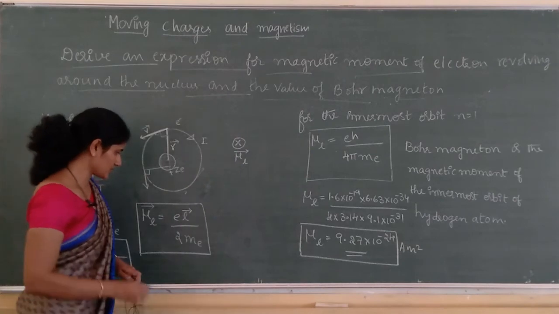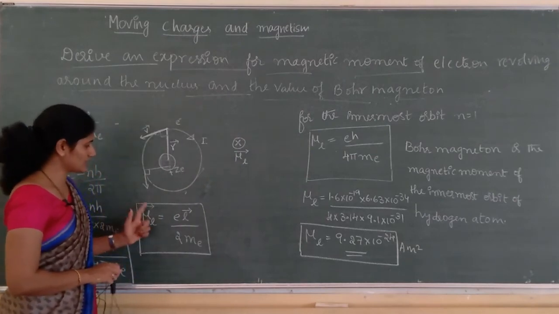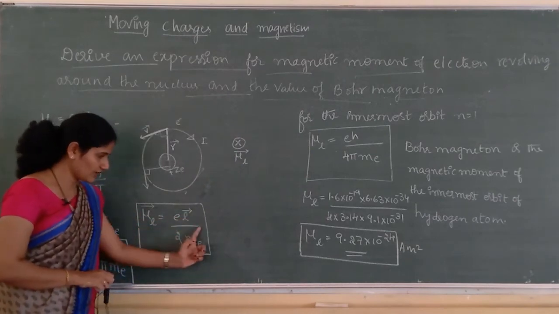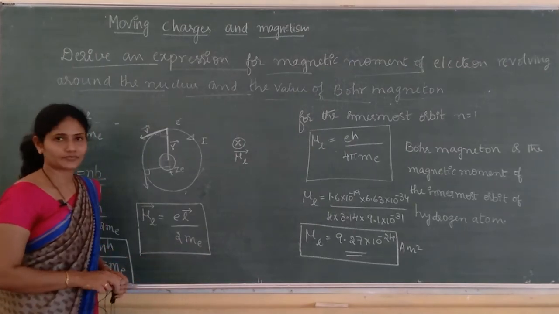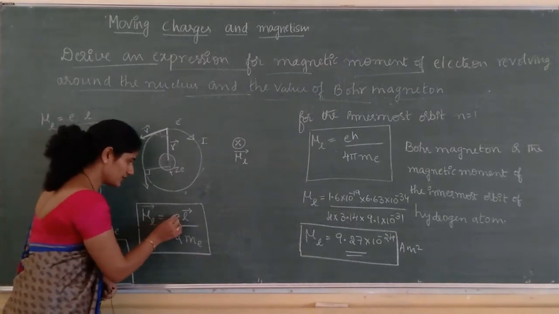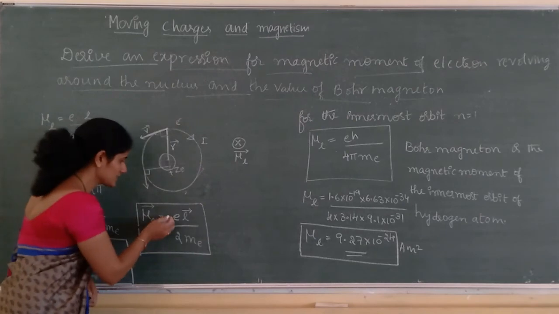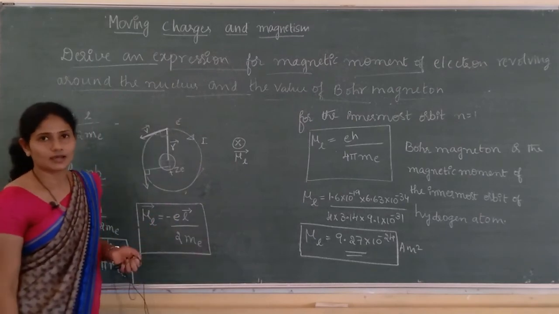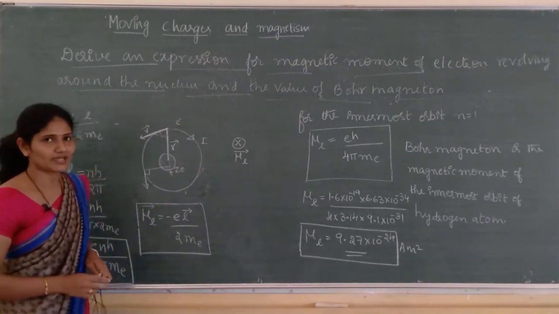In vector notation, mu L vector is equal to E into L vector divided by 2me. E, the charge of the electron, is always minus 1.6 into 10 to the power minus 19.